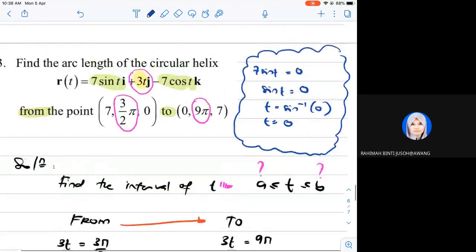Tapi, kalau you gantikan 0 dekat 3t, faham tak maksud saya? Sebab kita sekarang kita nak compare dengan yang ni kan. Kalau kita gantikan 0 dekat sin dapatlah 0, betul. Tapi kalau dekat 9 pi ni you gantikan 3t dapat 0, you dapat 0 kan. Ni salah lah kan. Tak dapatlah 9 pi. Betul tak?